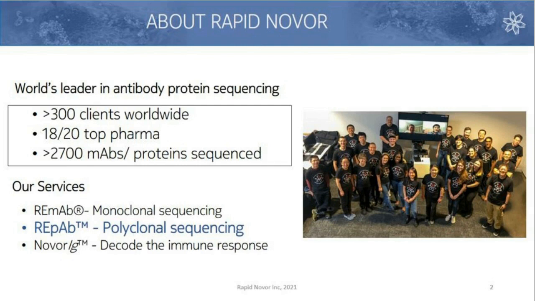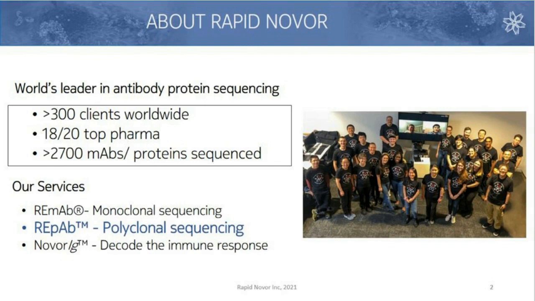We've really perfected the art of tearing down a protein of interest, pulling out mass spec data, and reassembling those spectra into full-length antibody and protein sequences using our proprietary Novor and REMAB sequencing technologies.